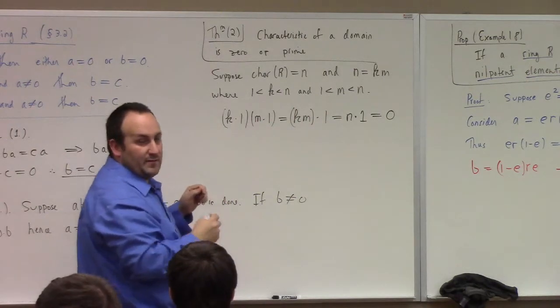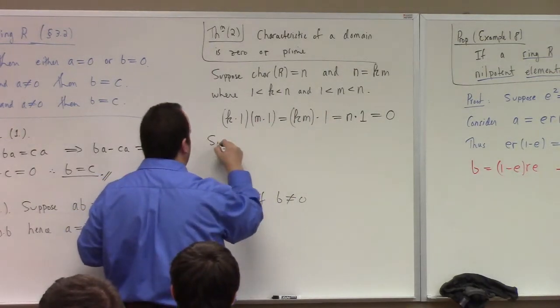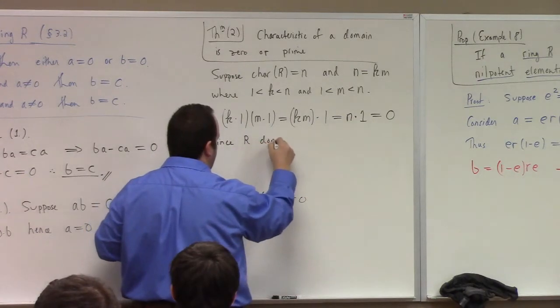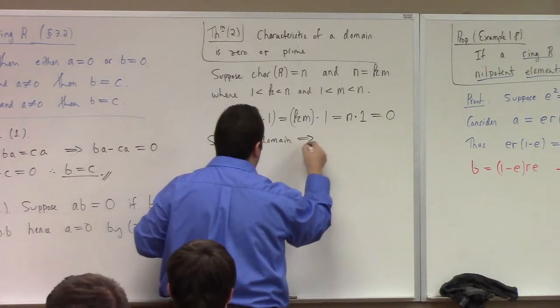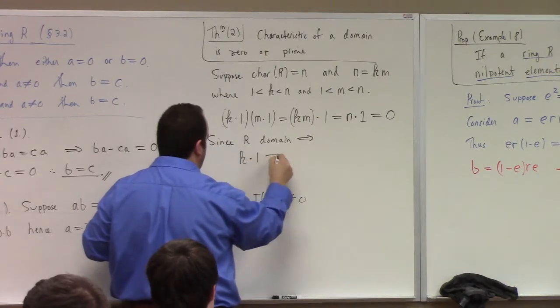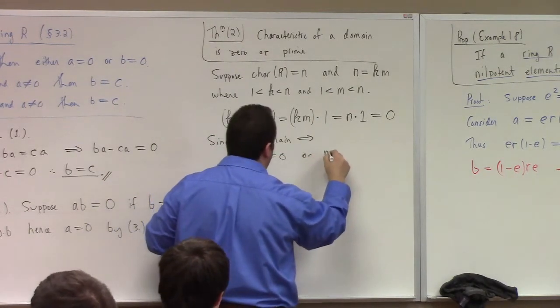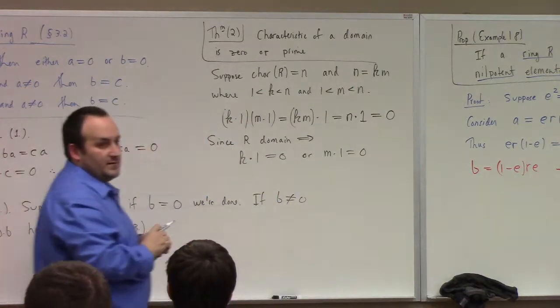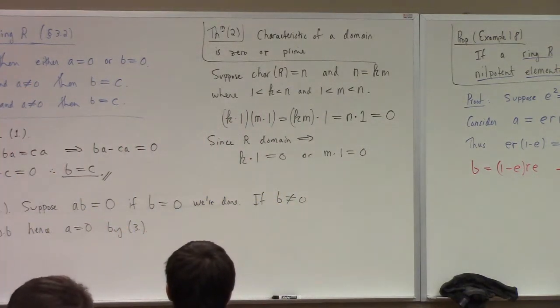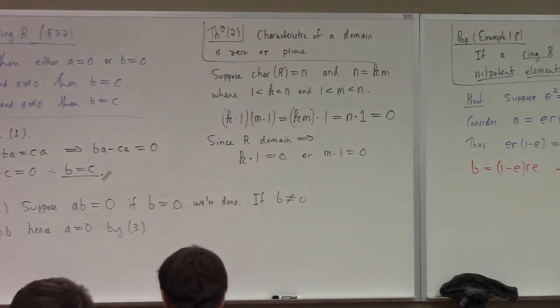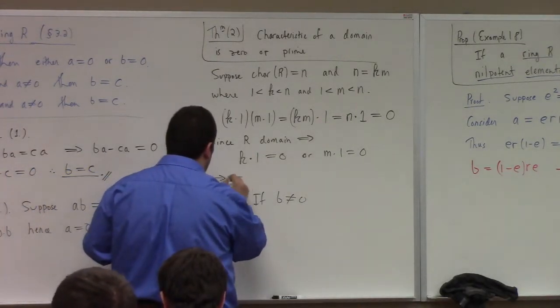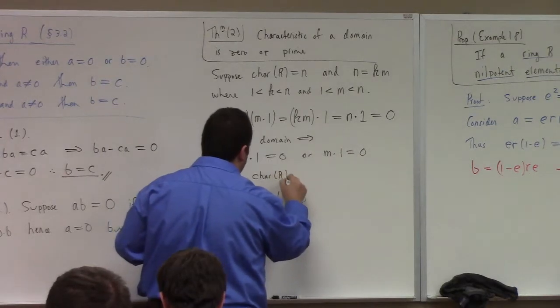But then, since we're in a domain, what does that give us? k times 1 is equal to 0, or m times 1 is equal to 0. And that contradicts the characteristic of the ring being n, because that would say that there's a smaller whole number than n which, if you add 1 to itself that many times, you get back to 0. Either one of these contradicts the characteristic of R being n.